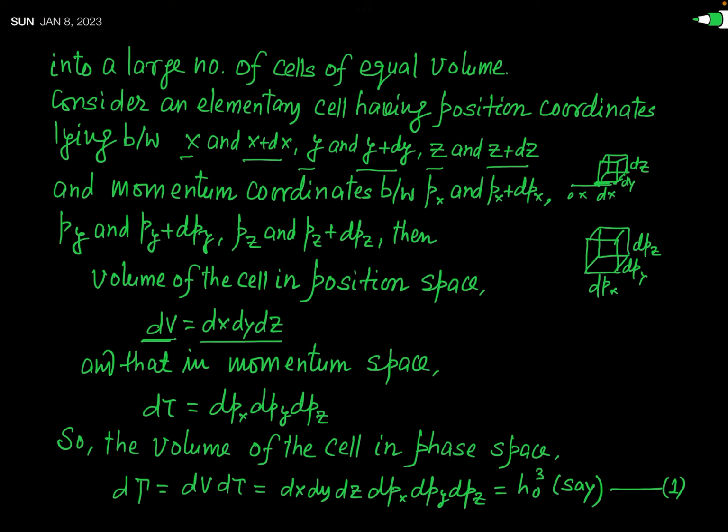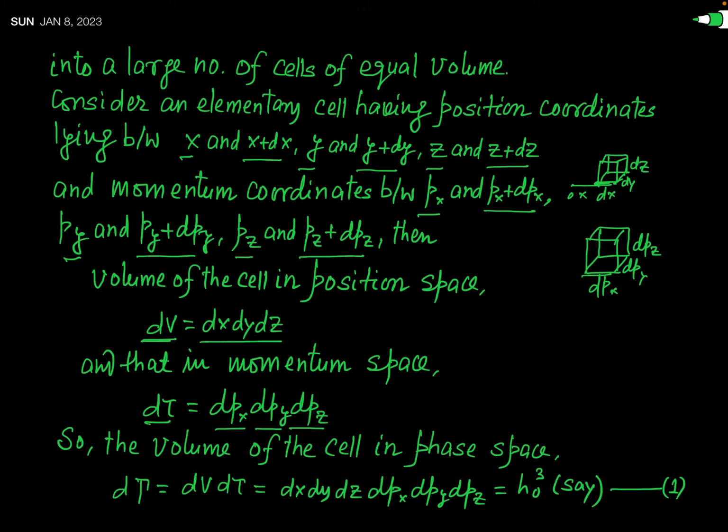Now we also consider that the momentum coordinates of this cell lie between px and px plus dpx, py and py plus dpy, pz and pz plus dpz. So in momentum space, the volume of the same cell will be what? That will be equal to d tau, and that d tau is equal to dpx times dpy times dpz.